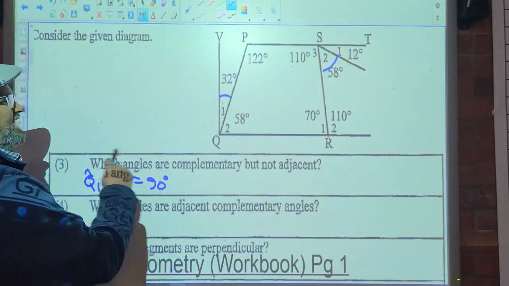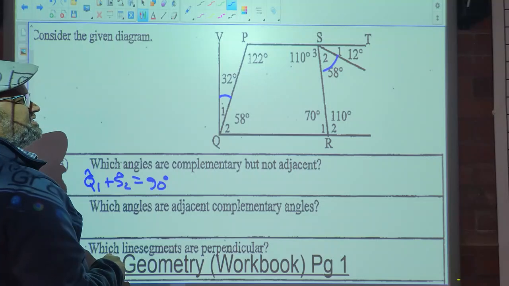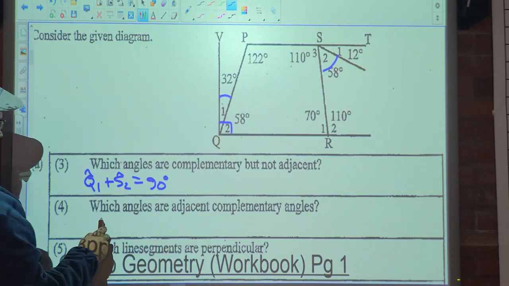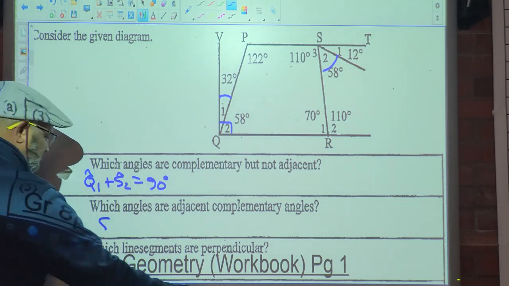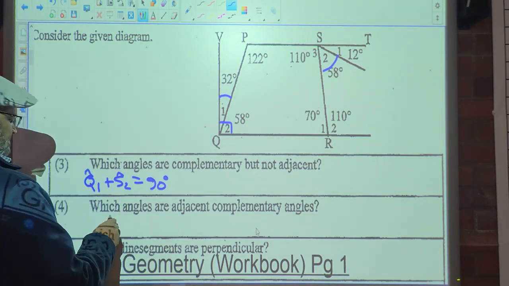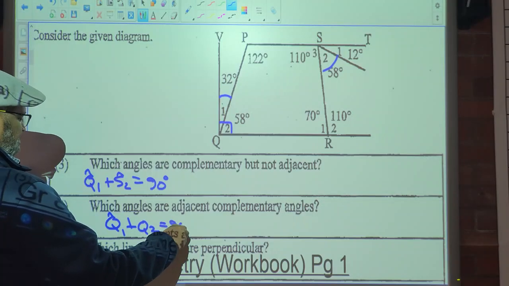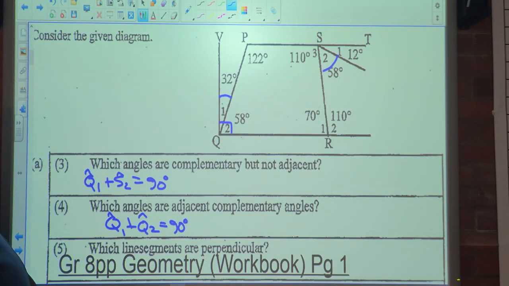So next to each other, that add up to 90 degrees. Q1 and Q2, yes? So angle Q1 plus Q2 is equal to 90 degrees. Okay? Anything else?